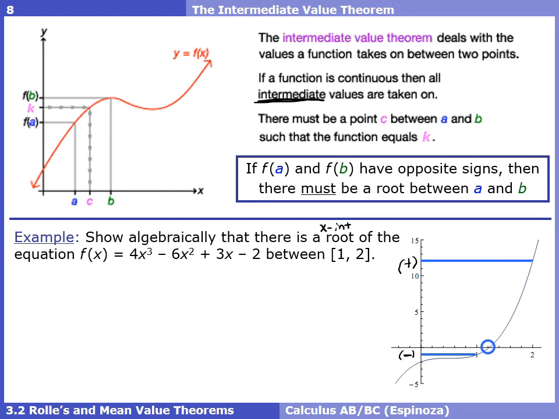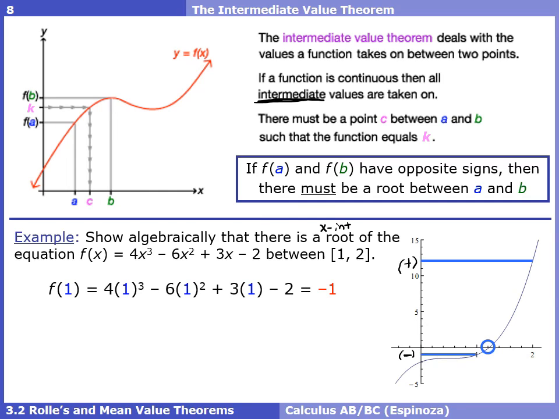And that's what the intermediate value theorem is useful for. Since it says all the values of a continuous function between 2 points must exist, then of course, if you know at the left point you were negative, and at the right point you were positive, you would have had to pass through the x-axis.